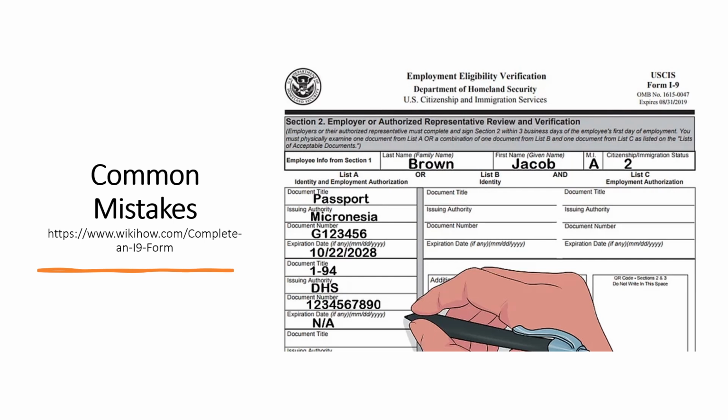This part of the form has sections A, B, and C, and these are the documents that a prospective employee is going to present to the employer to prove who they are and to prove that they have the right to work in the U.S. And a lot of times I don't see list A, B, or C. I don't see that section filled out at all. It's just empty. Okay, so I want to encourage you all to make sure that you are completing these forms.